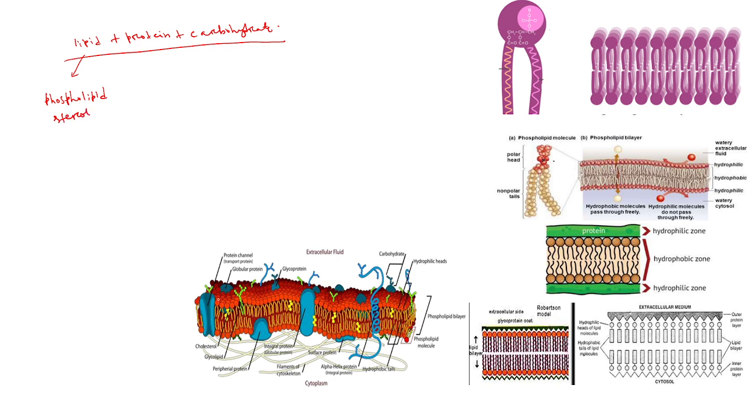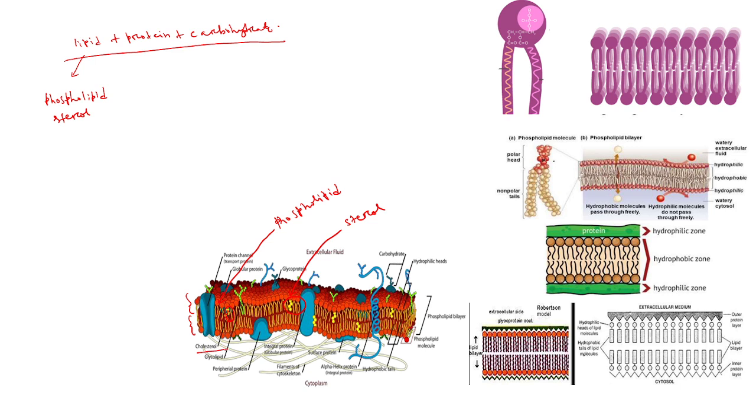Now look at the structure. This is one leaflet, this is the other leaflet. This structure is called the lipid structure, and this orange color structure is called the phospholipid. Okay. The yellow color structure here is called the sterol. Here it is called the cholesterol.